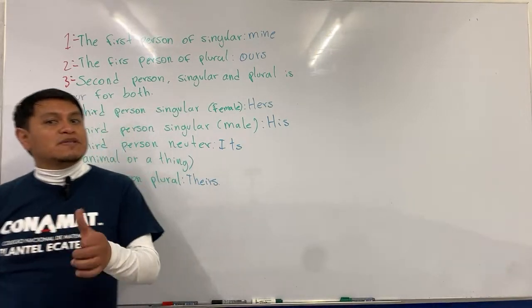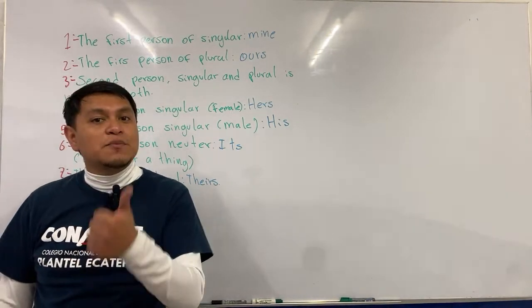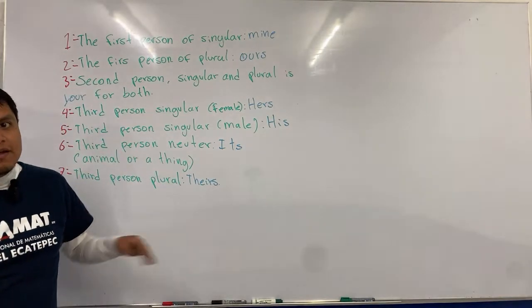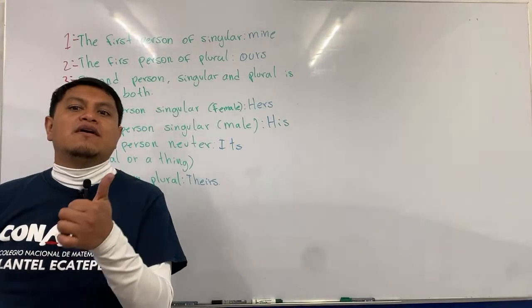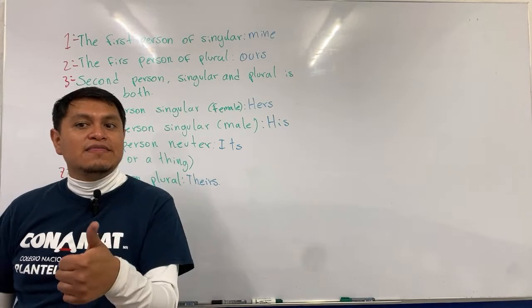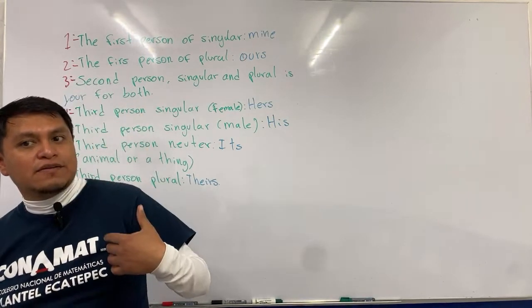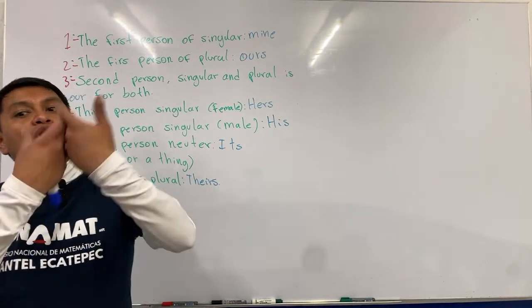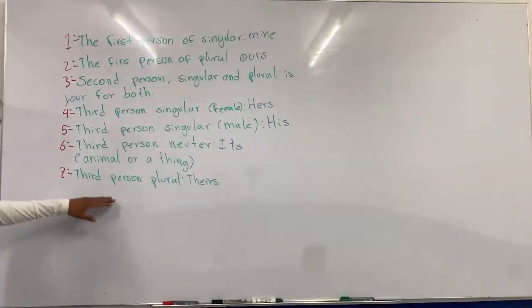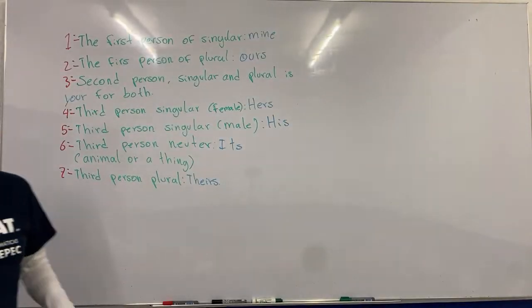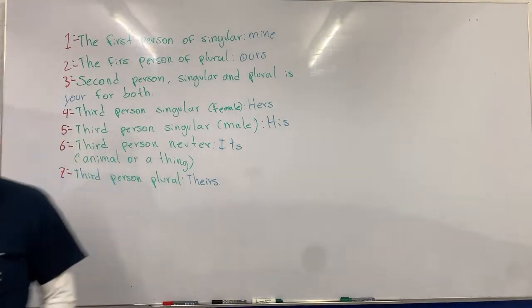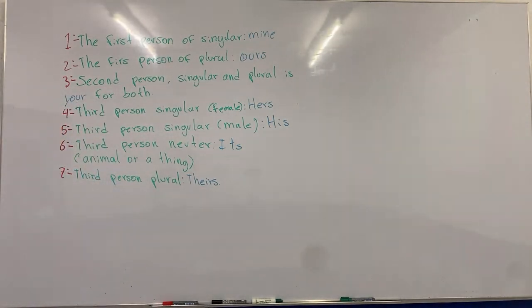The possessive pronoun expresses possession of the subject they. Right? For example, there are our dogs and those are theirs. They own those dogs. Right? For tercera persona del plural, theirs. Right? Well, with this, we're gonna make some exercise.